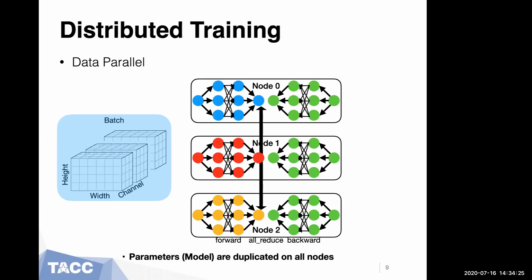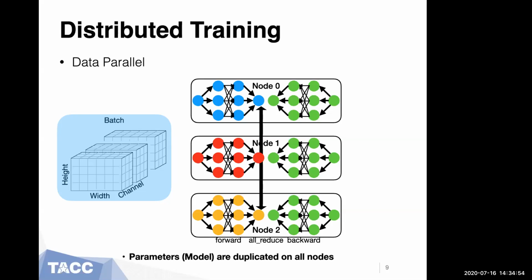After this communication call, I use green color for all these units because every single node will see the same gradients, and they will apply the gradient descent rule to update every single weight in this model. So at the end of an iteration, all these models are identical across nodes.